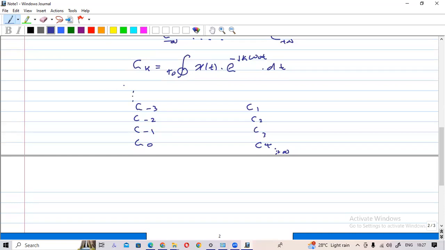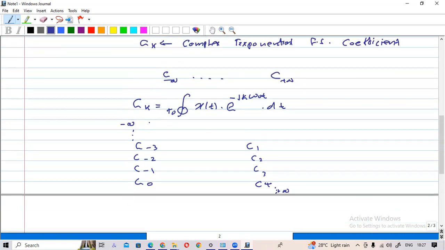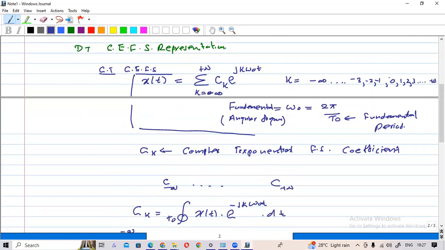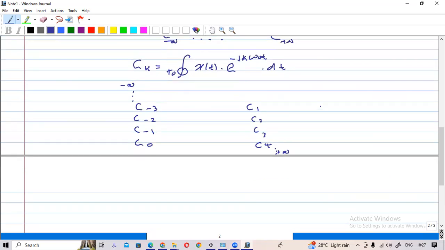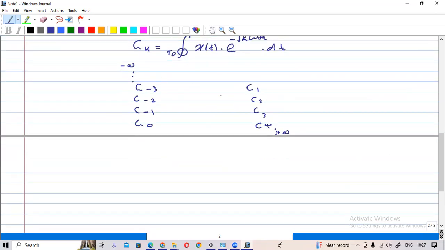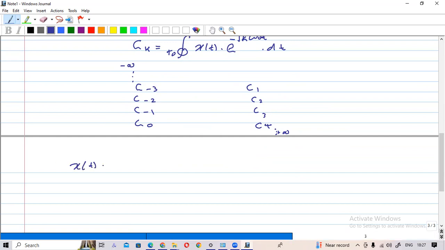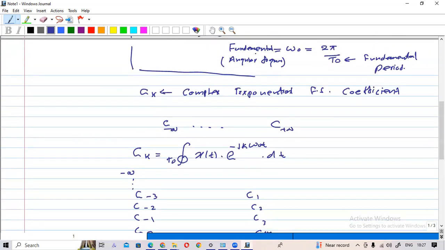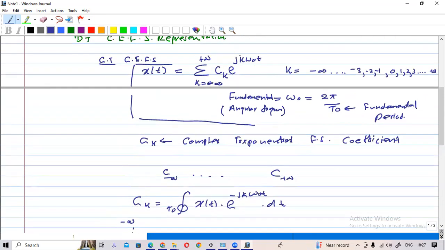They correspond with the k value. Once you evaluate these coefficients, you can write the signal as a sum of these complex terms.